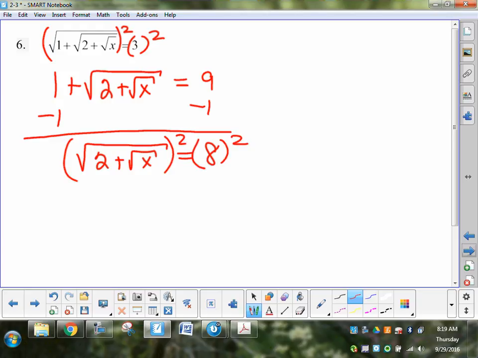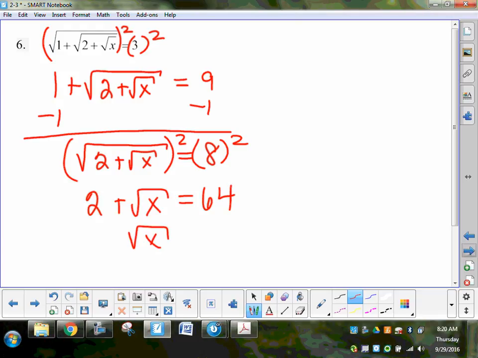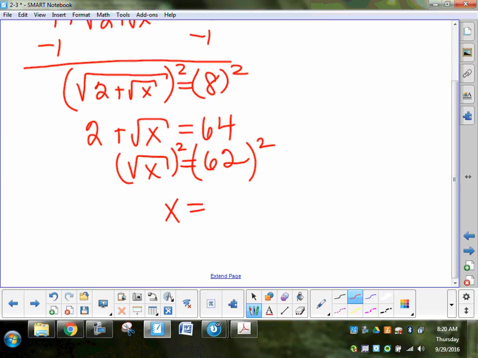Hands up, please. You tell me what I'm going to write down next. 2 plus root x is equal to 64. From here, I'm going to subtract 2. I'd be left with root x is equal to 62. Now I'm going to square both sides. 3,844. Yeah. Okay.